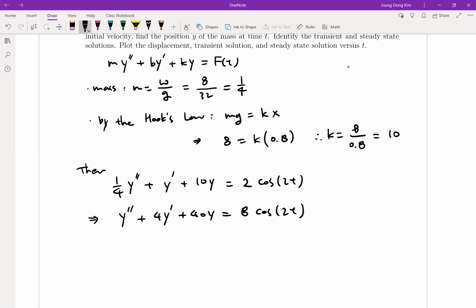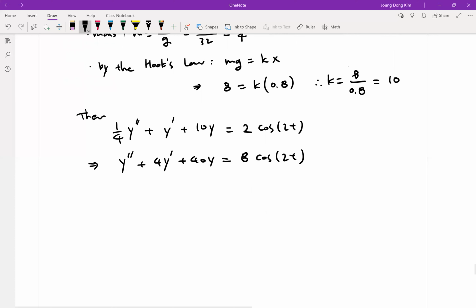Now we have to take care of this one. It is a second order linear differential equation, which is non-homogeneous, right? So we have to start from the characteristic equation for the corresponding homogeneous equation. There we go: r squared plus 4r plus 40 equals 0. Then we should use the quadratic formula.